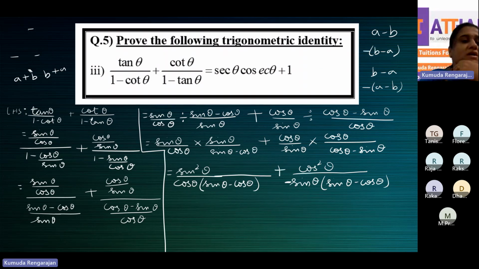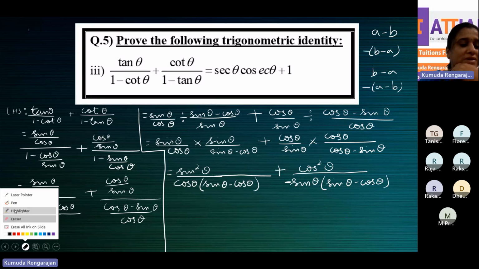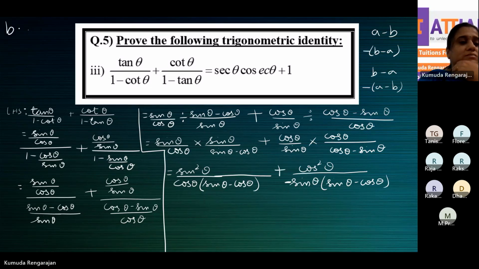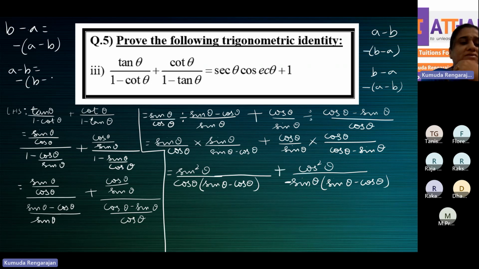How do you write b minus a as a minus b? B minus a is equal to minus of (a minus b), and a minus b is equal to minus of (b minus a). But a plus b is b plus a.